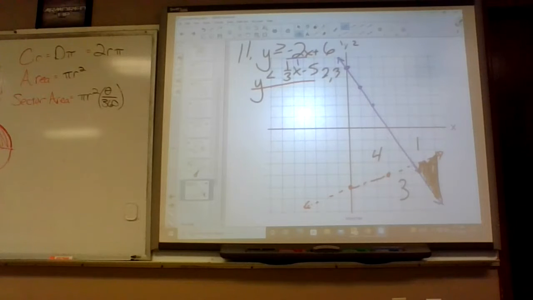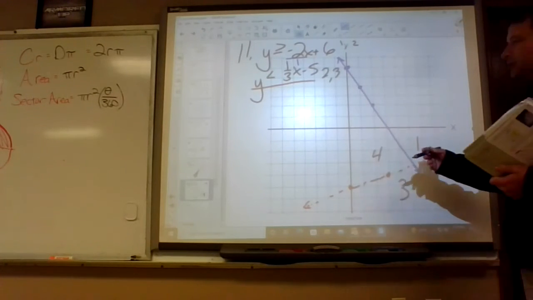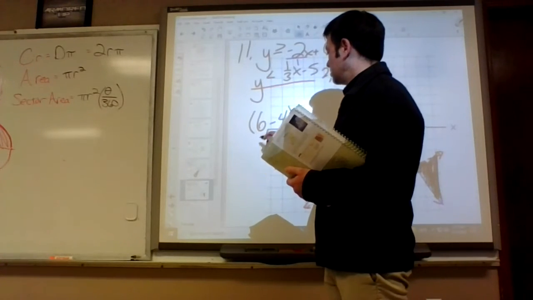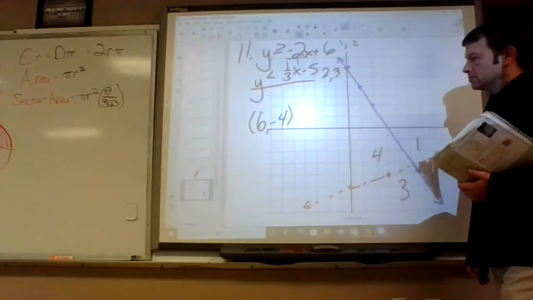And we're supposed to pick a point from the solution set. So what point would be in that region basically? 6, -4? Okay. There we go.